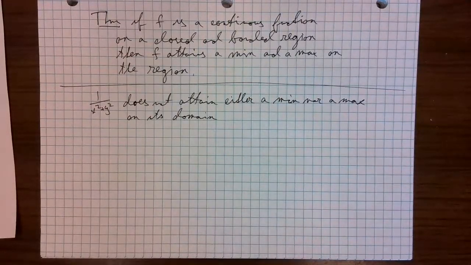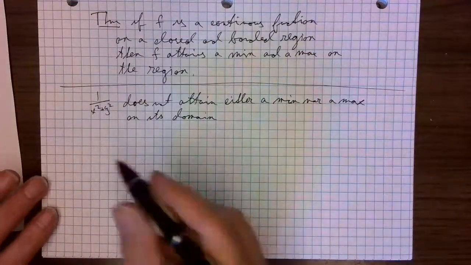One, the region is not bounded; I can go very far out, and that's why it doesn't attain a minimum. And it's also not closed because it does not include the origin, which would be a boundary of this region, and that's the reason why it doesn't attain a maximum.